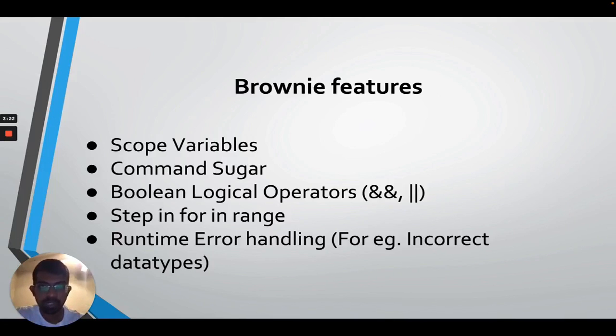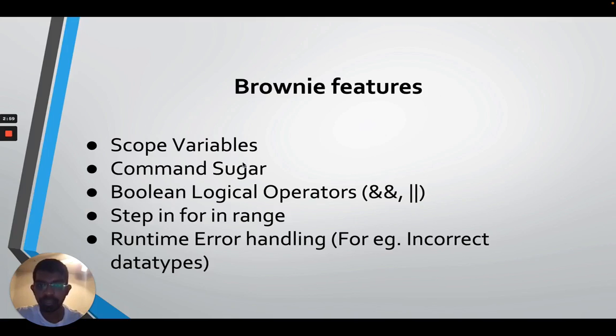For bonus features, the features that we were not expected to implement but decided to, were scope variables. Whenever you declare a variable within an if condition or within a while block, it is not accessible outside the block. We wanted to implement functions as well, but because of time constraints, we couldn't do that.